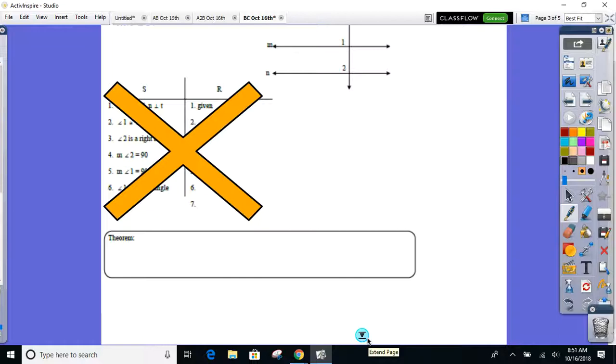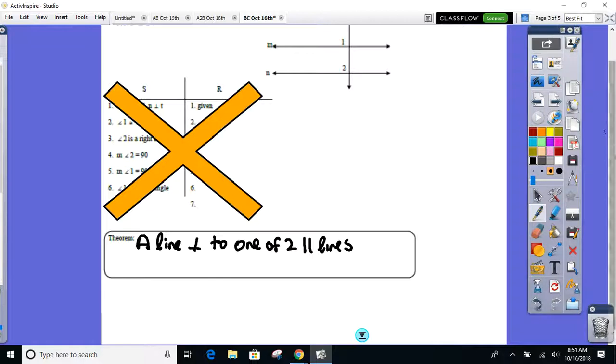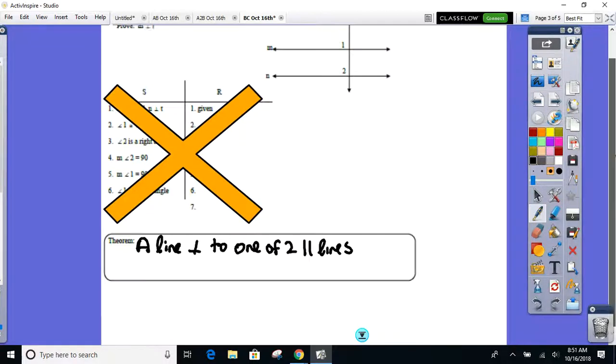Here's what this last theorem says, and it is a beast. It says a line perpendicular to one of two parallel lines. Before I finish this, I want to go back up to your givens.